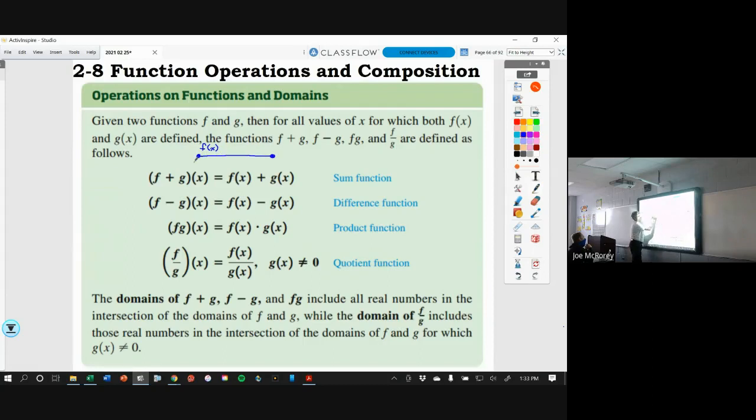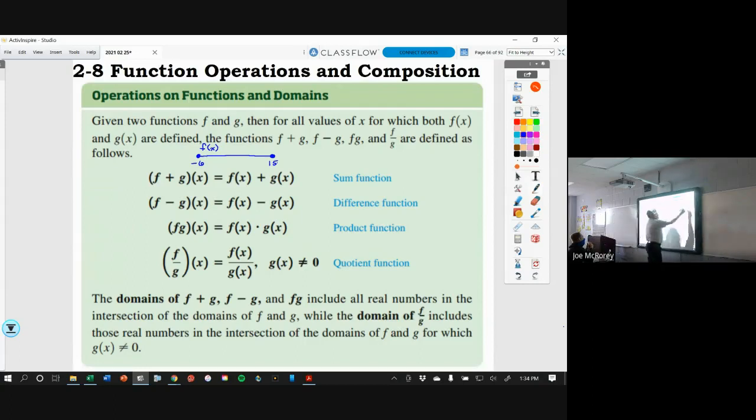Let's say that it goes from -6 to 15. Can I plug -5 into this? Yes. Can I plug -10 into this? No, because negative 10 is not in the domain of f. Can I plug 12 into it? Yes. 20? No. 20 is not in the domain of f. Can I plug in 15? Yes. Y'all following that? Pretty simple.